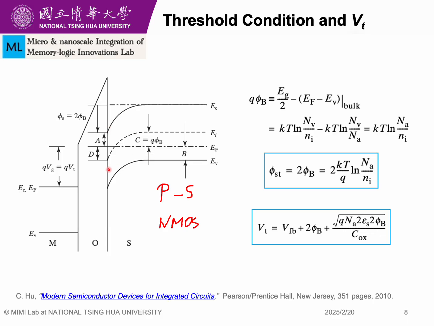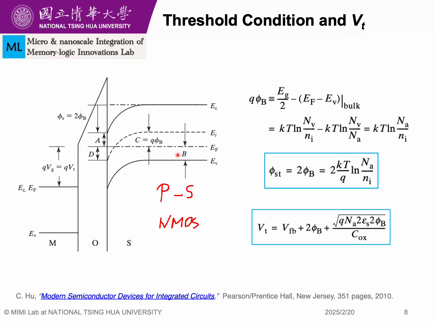And if my surface electron concentration is equal to the bulk hole concentration, then the difference between the conduction band here and the Fermi level will be equal to the valence band to Fermi level in the bulk.